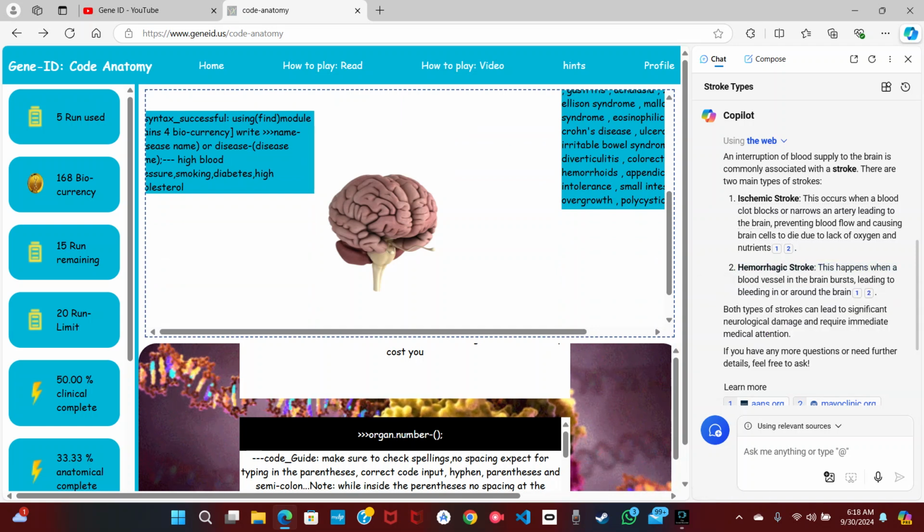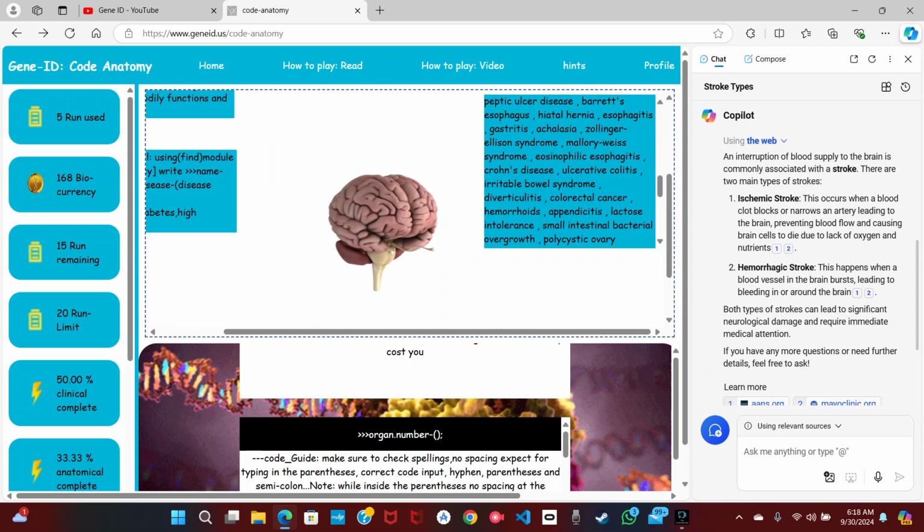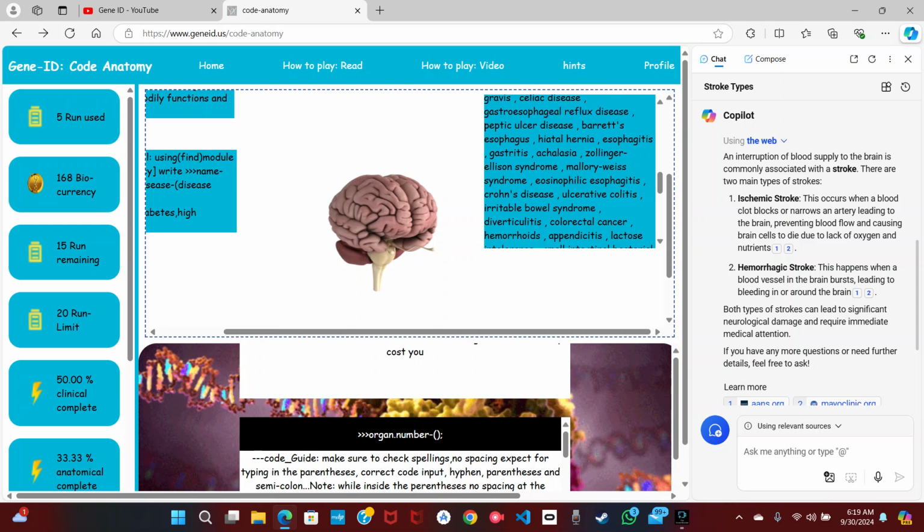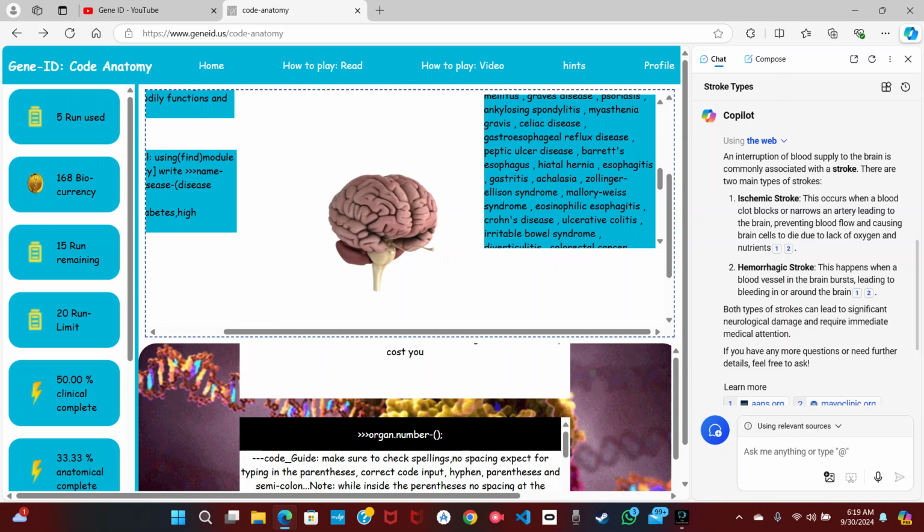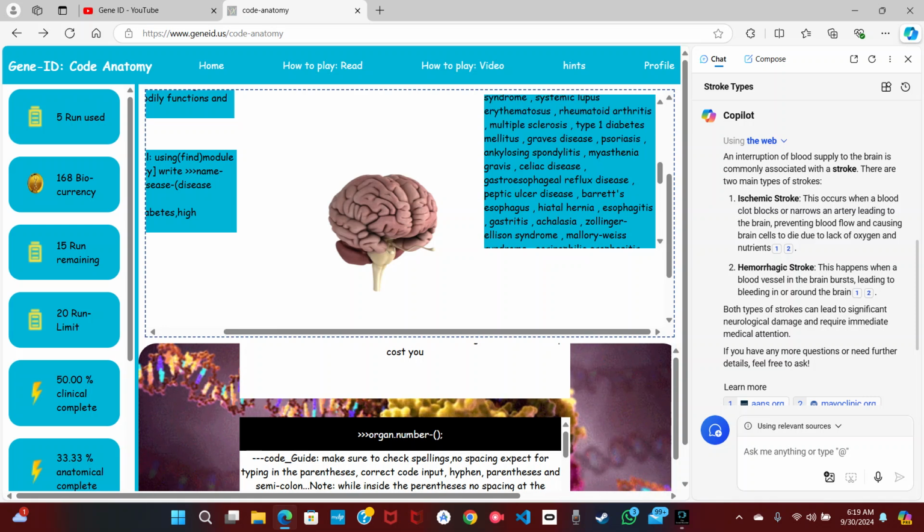You can see here, I'm seeing some sort of similarity between these, hemorrhoids or something like that. Could that be it? Maybe I should try it, but let's keep going to see if we can find something.